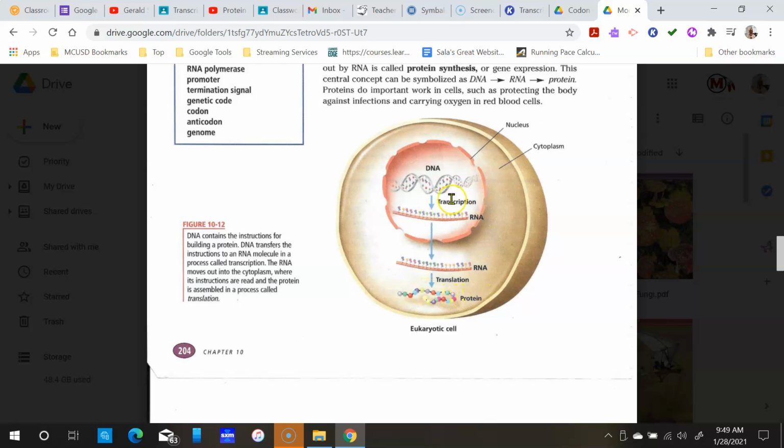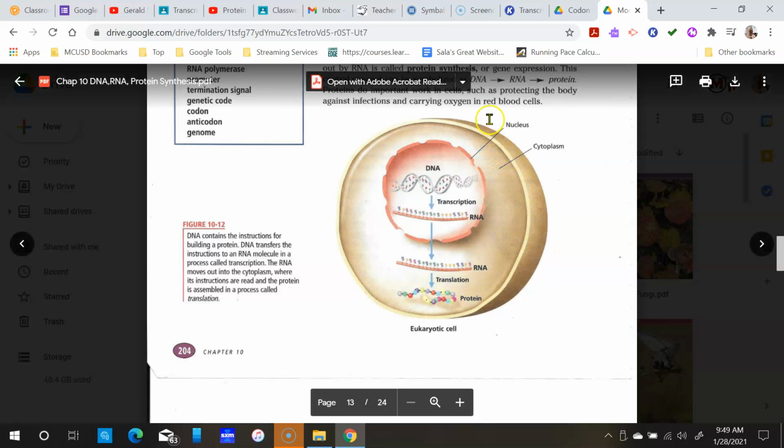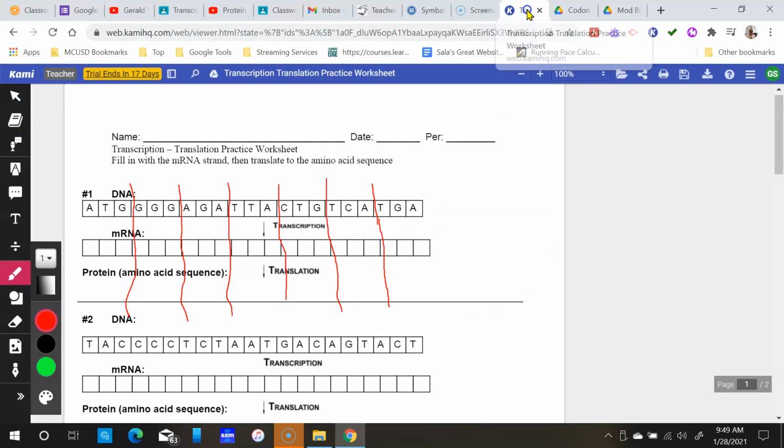So again, we're going to break down each of those parts as we make our way through this process over the next week. But we're going to go ahead and practice actually transcribing and then translating that into those amino acids.